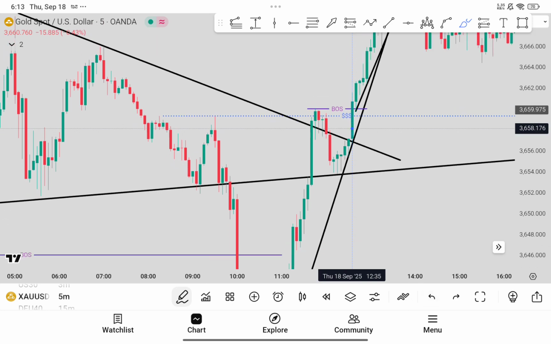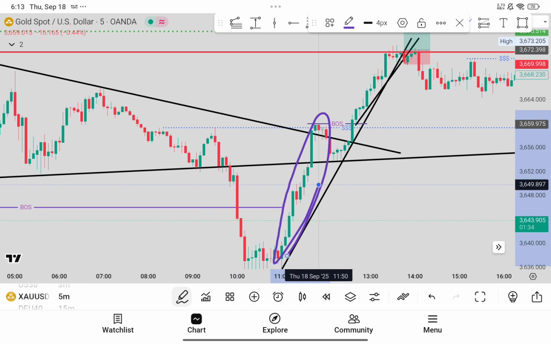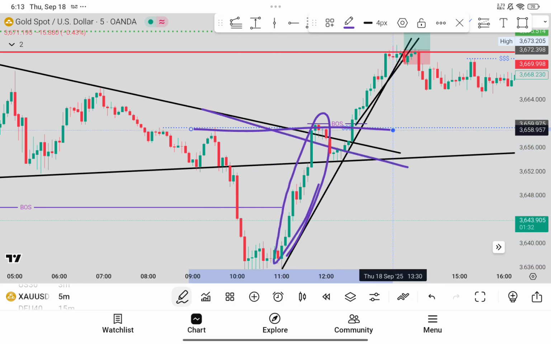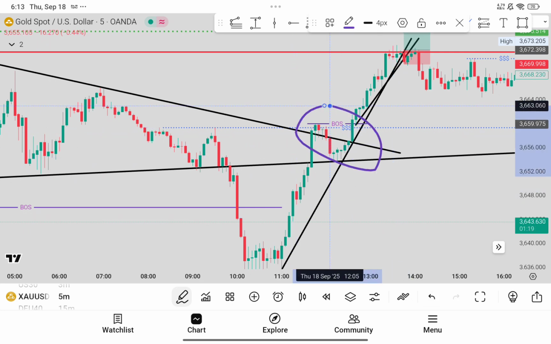Why? The reason is the momentum till that trend line, till that liquidity. Usually, when this kind of momentum appears on the chart, I don't take the opposite direction, so I did not take this trade.